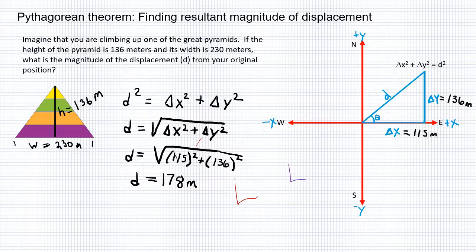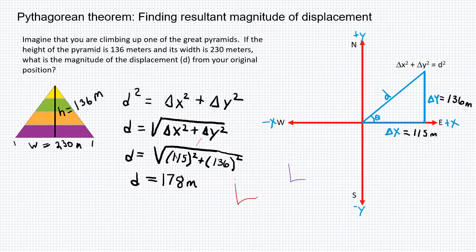So we're going to make this pyramid into a right triangle, so we're just going to take half of it. Over here, this is our right triangle. I've just taken this half of it, and we're putting our starting position here at 0, 0 in our XY axis. Our height here is our change in y, so 136 meters.